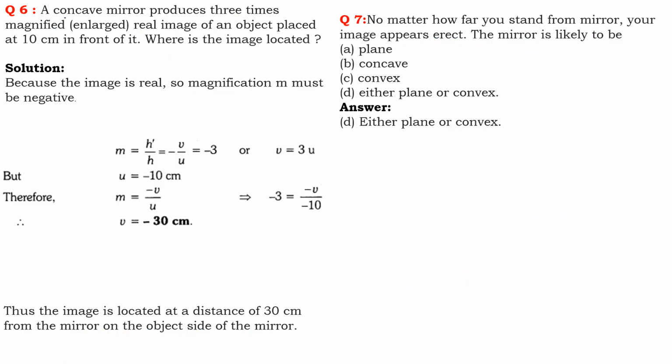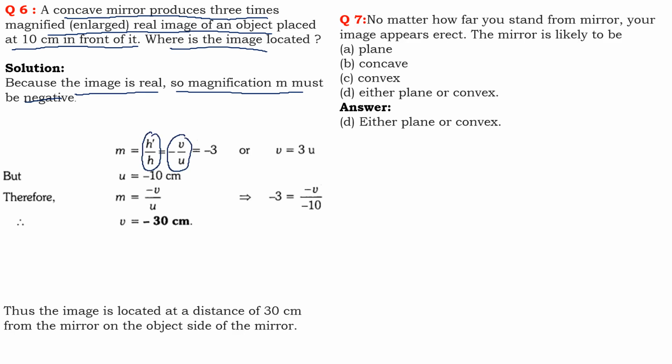Question number 6. A concave mirror produces a 3 times magnified or enlarged image of an object placed at 10 centimeter in front of it. Where is the image located? Because the image is real, magnification must be negative. Now using the formula m equals height of the image by height of the object, that is equal to minus v by u, and magnification is given as 3 times, so it is minus 3.